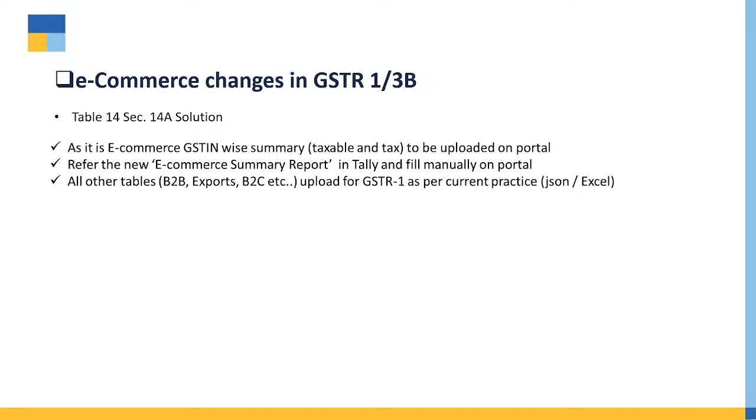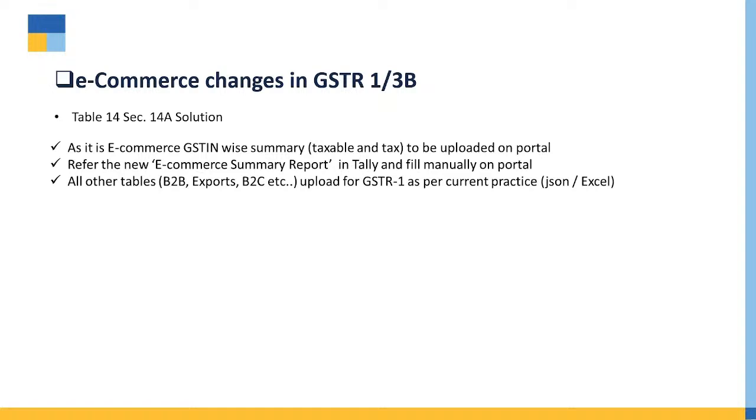Referring to that, the suppliers will be able to fill those details, and all other tables like B2B, exports, B2C, which are already participating in the respective tables, they can just follow the existing procedure of extracting the JSON, or onto Excel and converting to JSON and uploading.